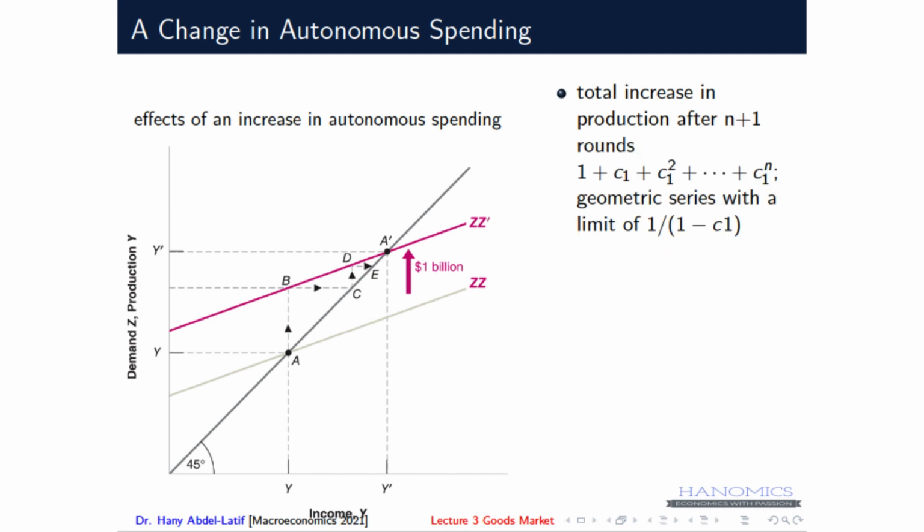So the total increase in production after n+1 rounds can be obtained using the multiplier, which, as we said before, is 1 divided by 1 minus C1, or 1 divided by 1 minus the marginal propensity to consume.